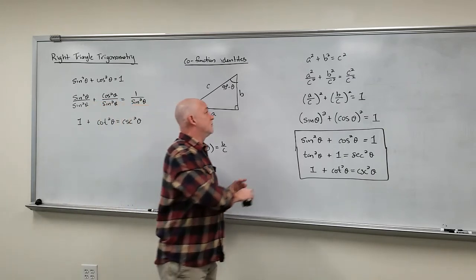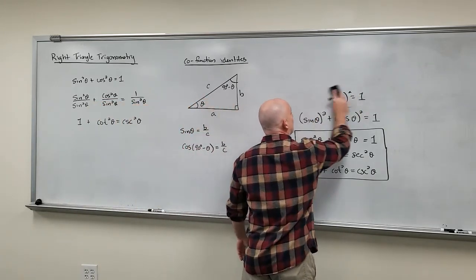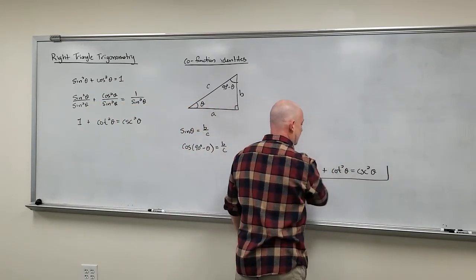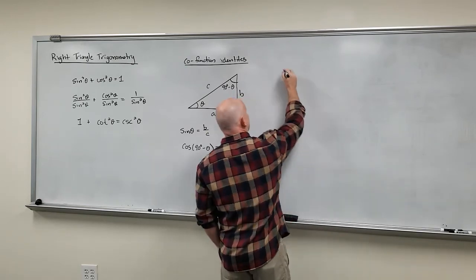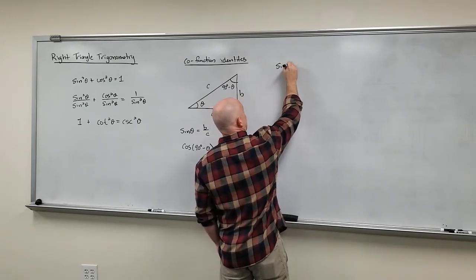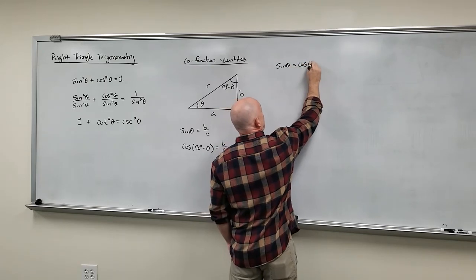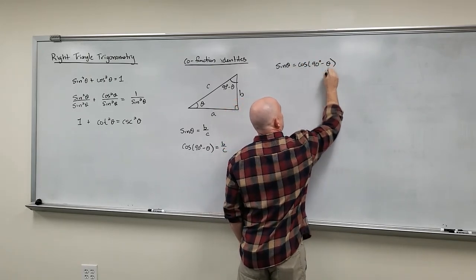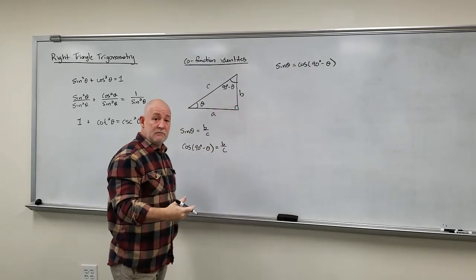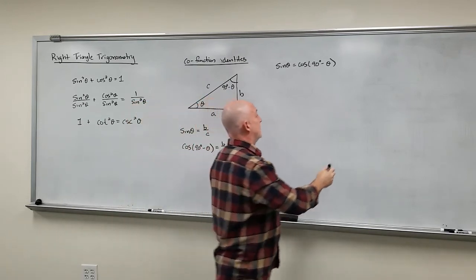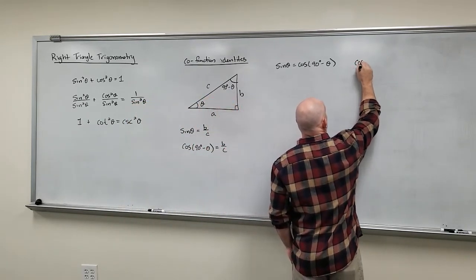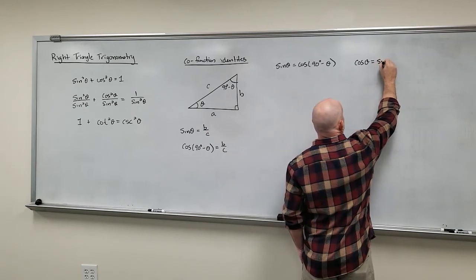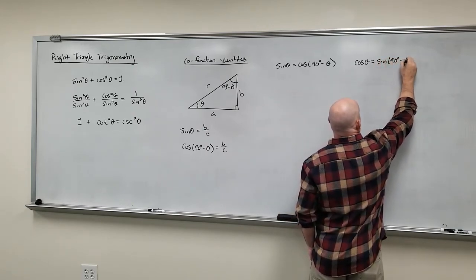So the way the cofunction identities are written, the sine of some angle is the cosine of 90 degrees minus that angle. We could also say it exactly the other way around. The cosine of an angle is equal to the sine of 90 degrees minus that angle.